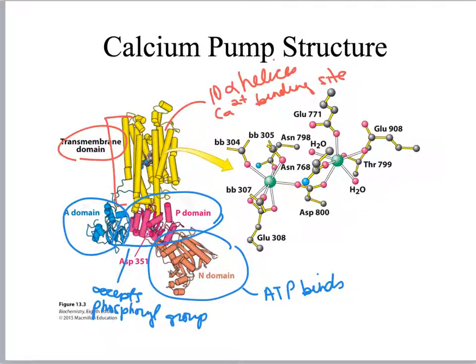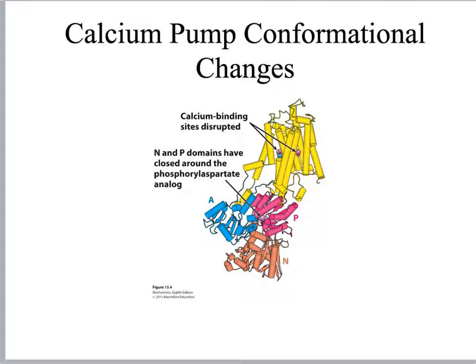The A domain that's shown here is going to be a linker. It's going to link the transmembrane portion to the P and N domains. This is just showing the same pump in a different conformation.